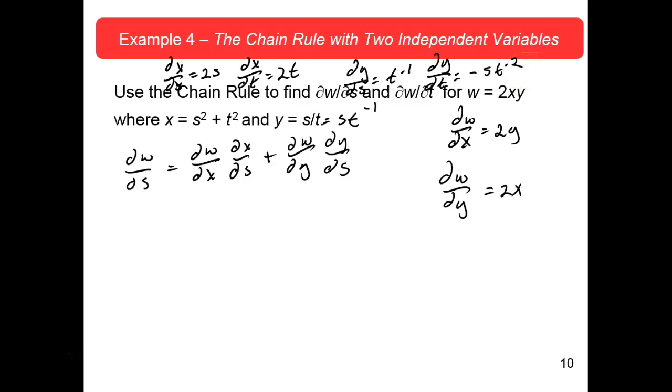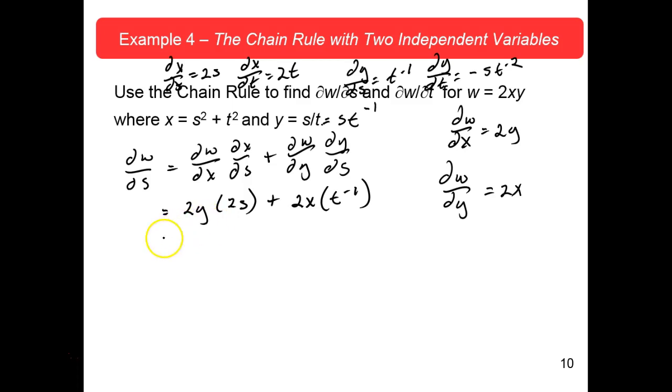Okay, those are all the little pieces. Now let's plug them back into here. Partial of w with respect to s is partial of w with respect to x, 2y, times partial of x with respect to s, 2s, plus partial of w with respect to y, 2x, times partial of y with respect to s, there it is, t to the minus 1.